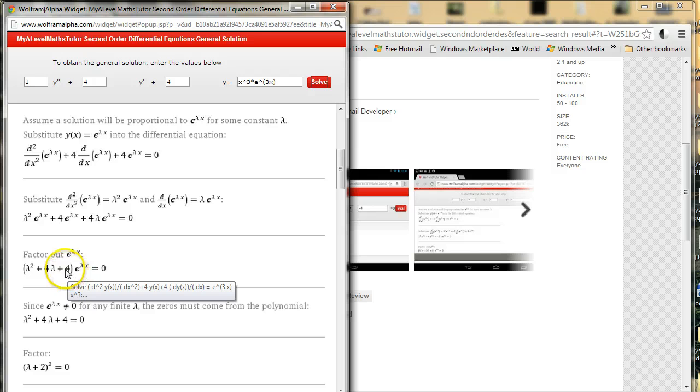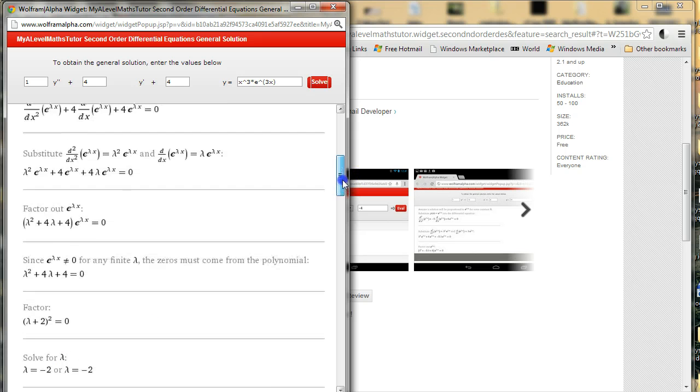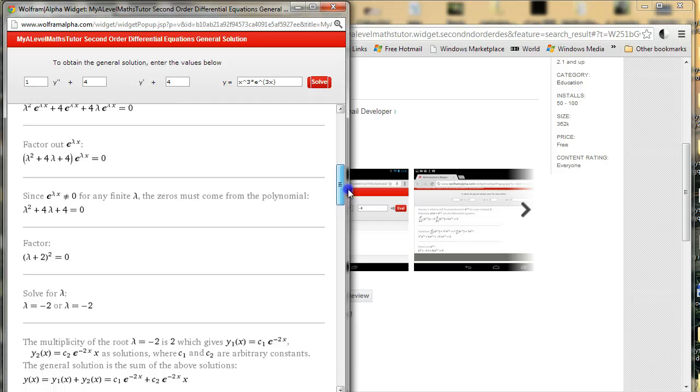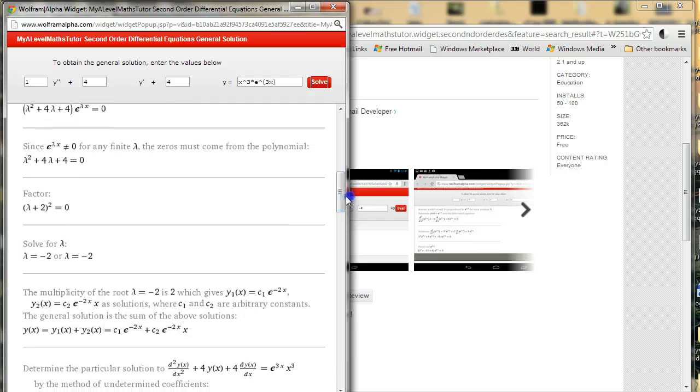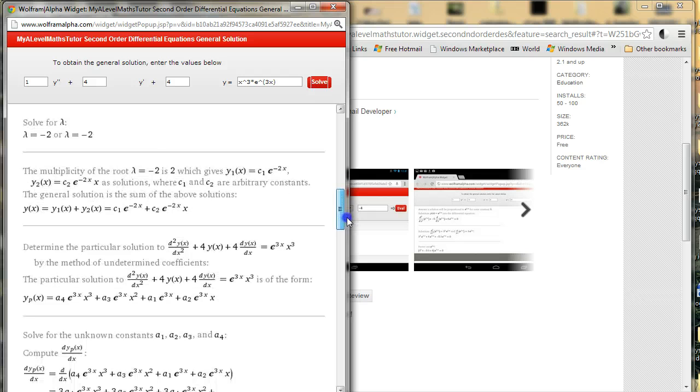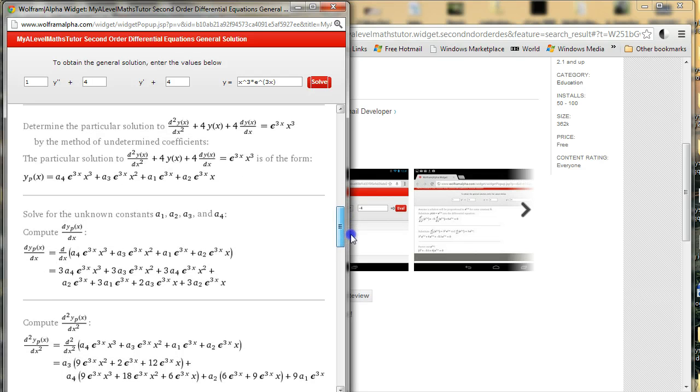Easy to see, isn't it, that we get that. Then we can solve that associated quadratic, and we get the repeated root case, which is case 2. So we can read off the yh solution here. It will be c1 e to the minus 2x plus c2 x e to the minus 2x. So there's our yh.